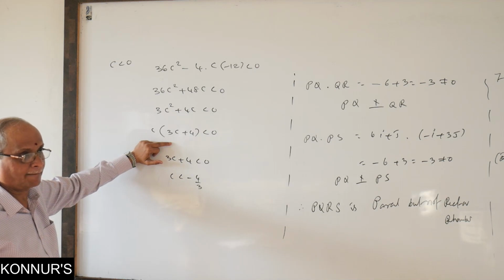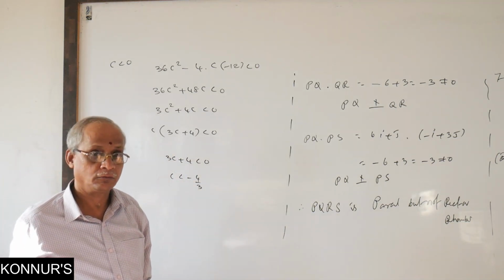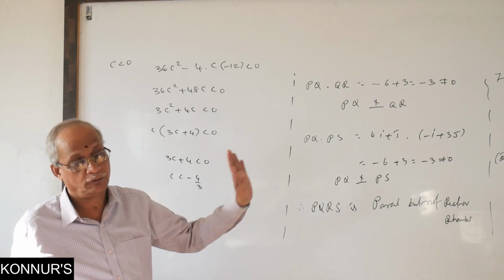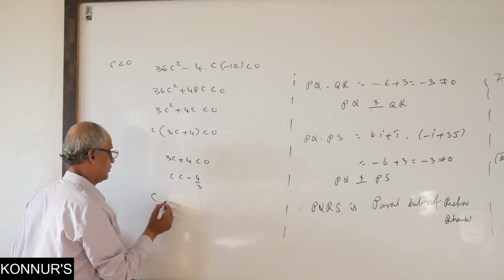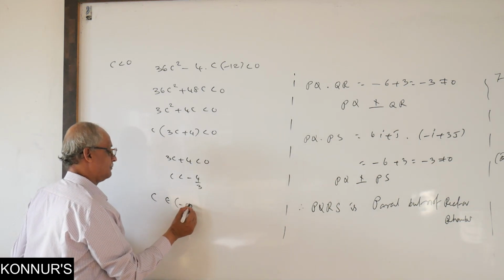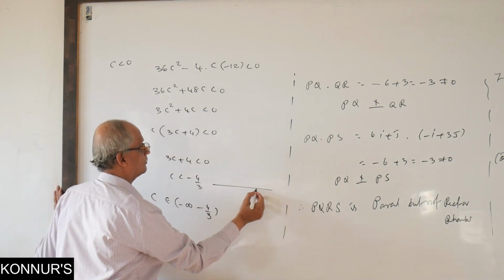Okay. Here, all negative values before minus 4 by 3. How many can we go? Infinite numbers. Where? Left side. Then how to express into interval notation? Minus infinity to, actually, what is the real line diagram?